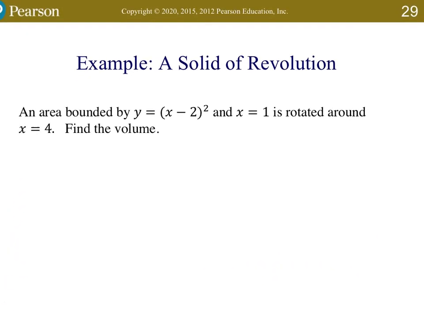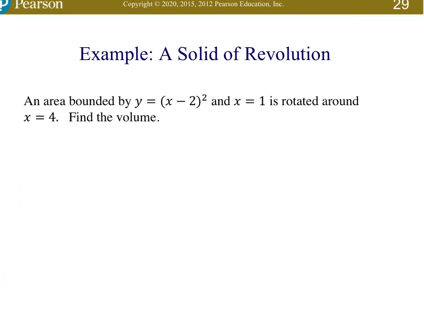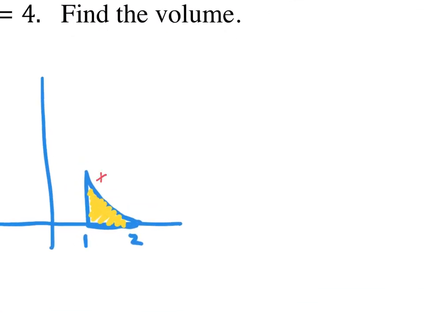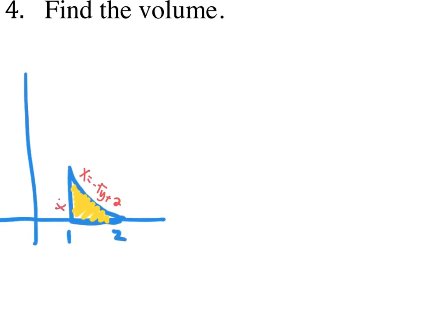Okay, same original region, but we're just going to rotate it around a different axis, and this will be our last one. Okay, so our same little original region from 1 to 2, still with the equation x equals negative rad y plus 2, and the other equation x equals 1.